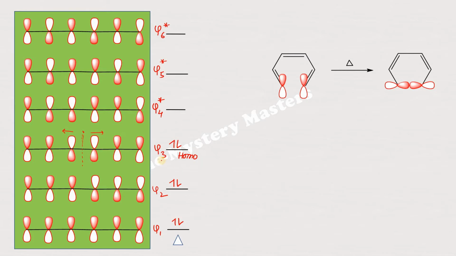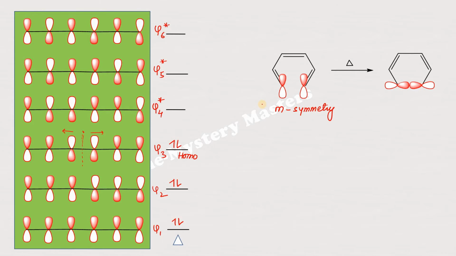That's why in this particular psi3 molecular orbital there is the presence of M symmetry. We already discussed that in M symmetry, if you want to cyclize the molecule, it is very important that the symmetry is also preserved in the product. Now we will see how that M symmetry can be preserved in the product.